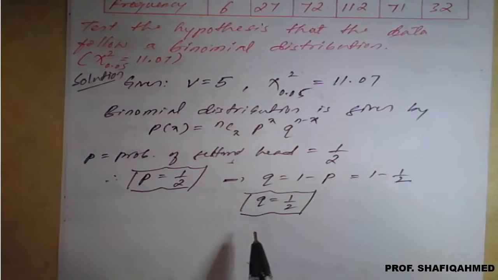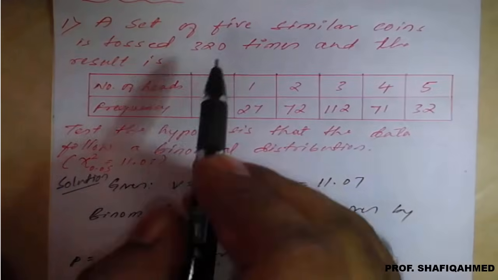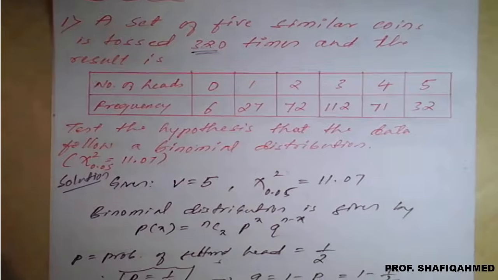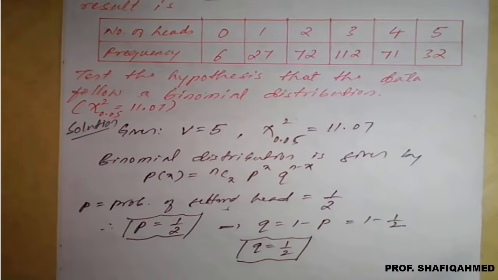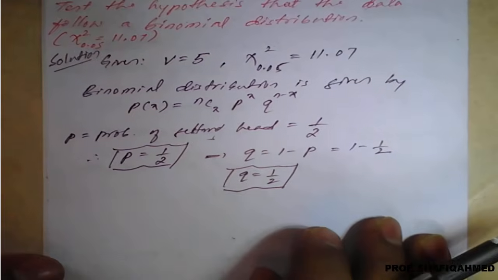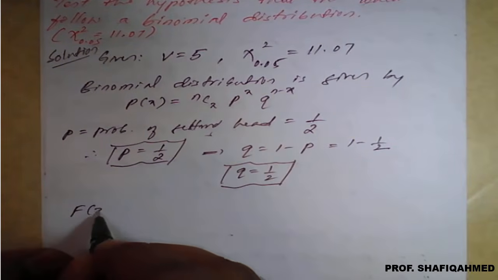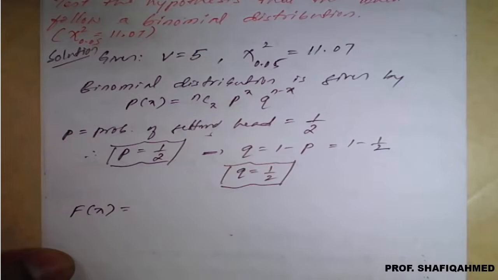But here we know that these 5 similar coins are tossed 320 times. In the question they have given 320 times they have tossed. So we need to find the theoretical frequencies, that is, capital F of x is considered as theoretical frequency.